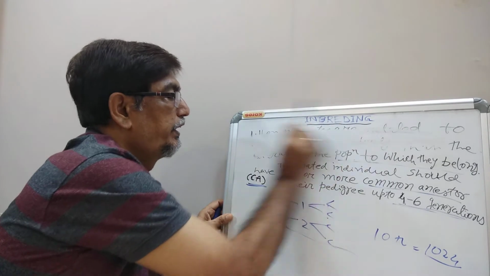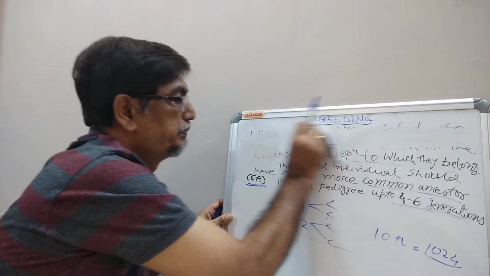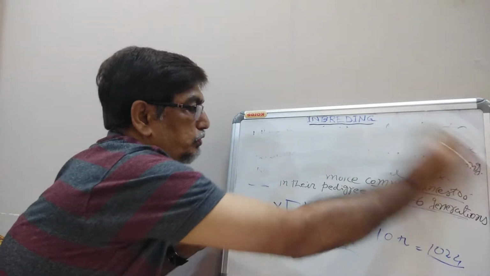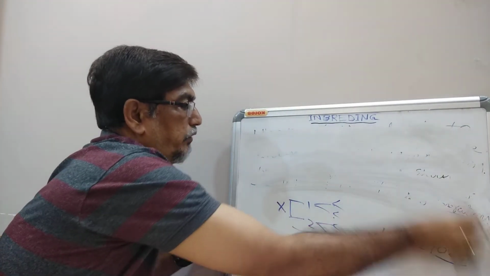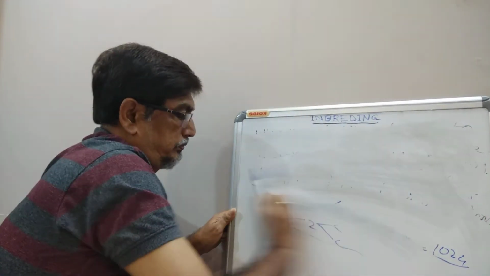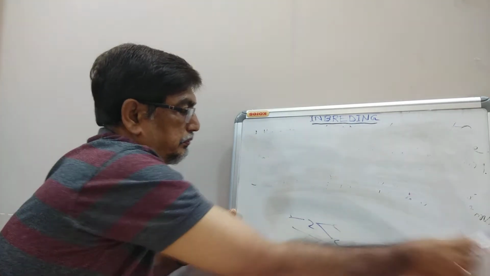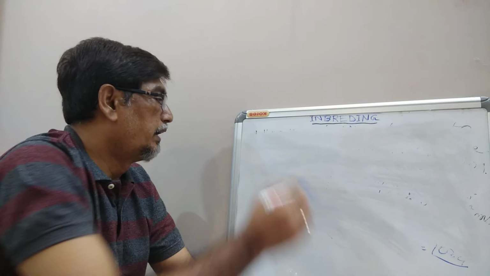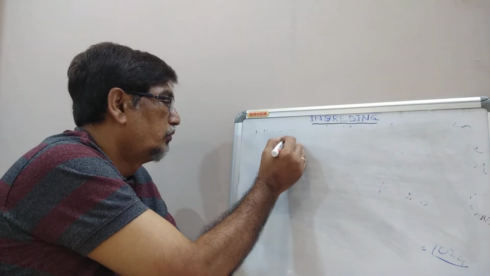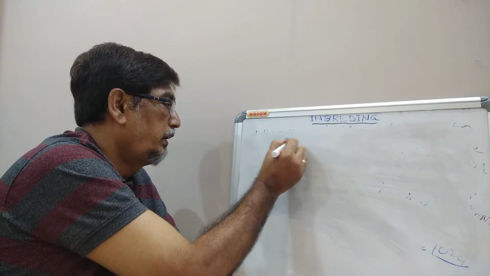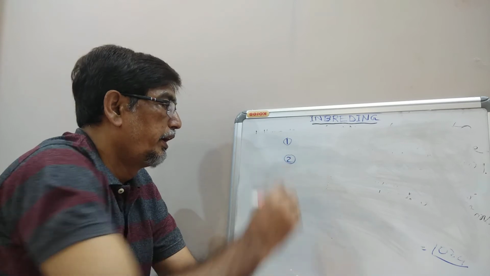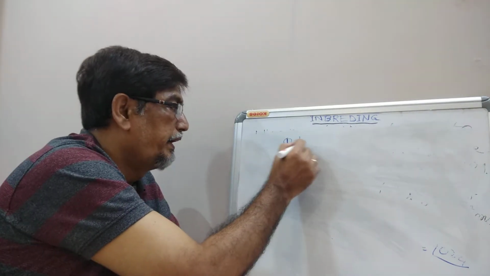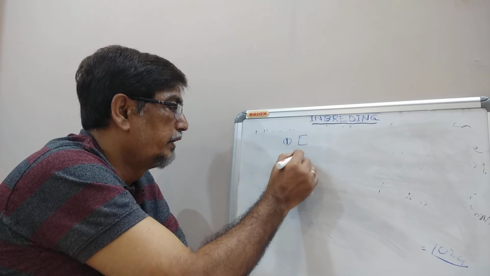Take a very simple example. What is a pedigree diagram? If we show you, then you will understand. Suppose individual 1 and individual 2. If they are related, then their pedigree should have a common ancestor.